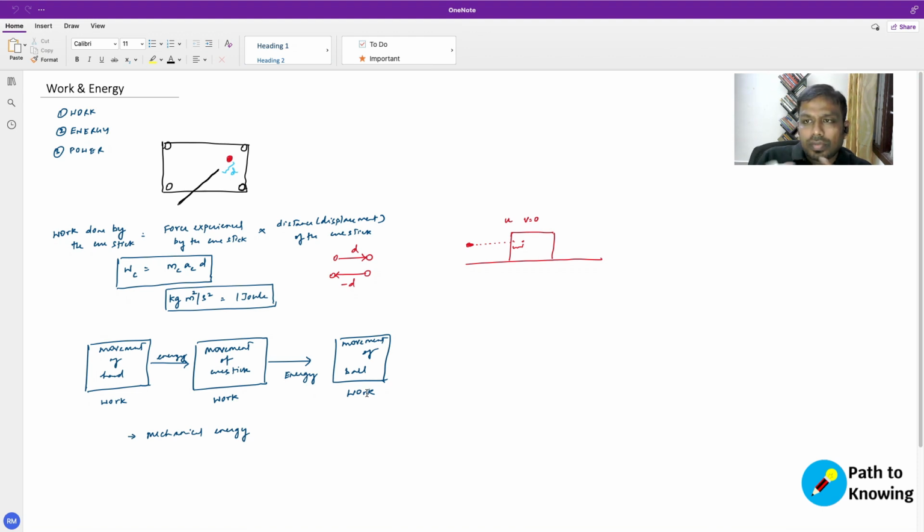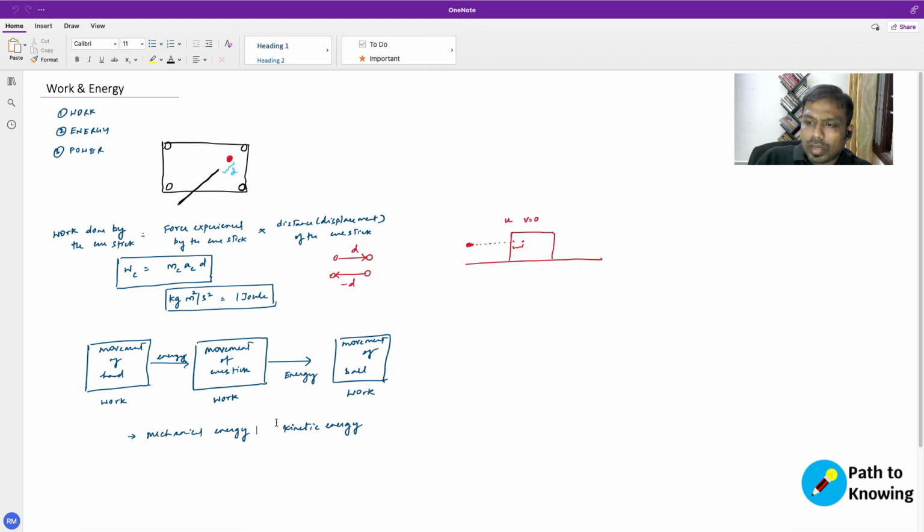So a more accurate way to quantify that energy is to call it kinetic energy. Kinetic means motion. The energy that was acquired by virtue of motion is called kinetic energy.